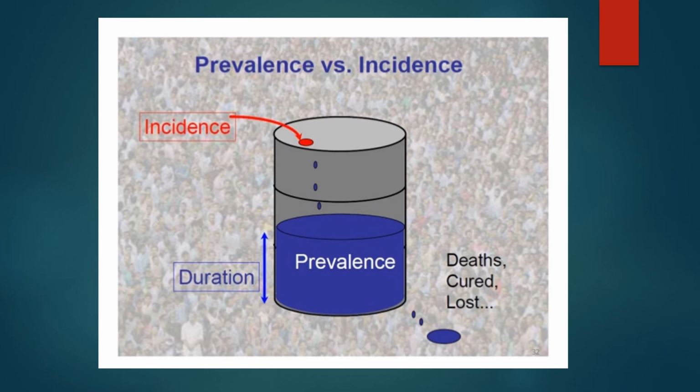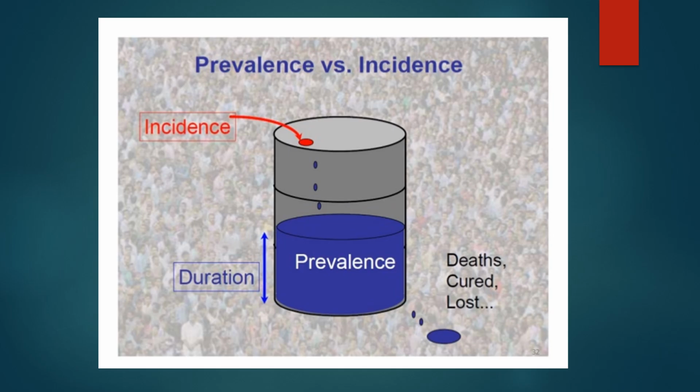Prevalence, on the other hand, is the accumulation of all cases of disease living in this population, that is, all drops of water accumulating in this barrel. The higher the incidence rate, the greater the prevalence will be.